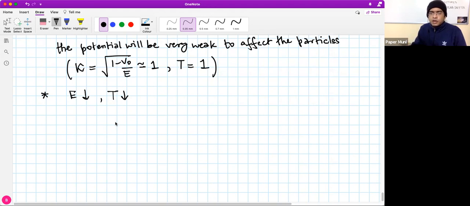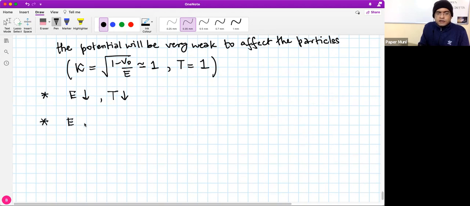If E is tending to V naught, very close to V naught, what will happen? If you put V naught equal to E, kappa will become 0. The transmission coefficient will tend to 0, and R will tend to 1.